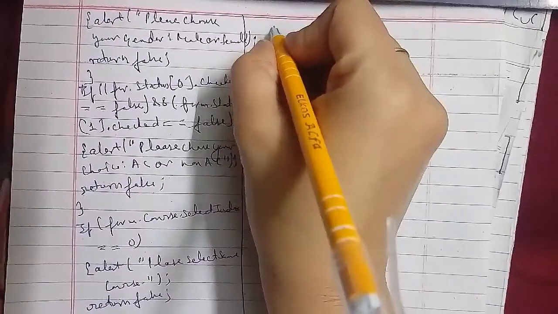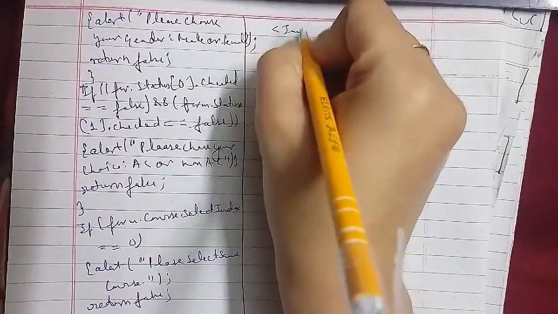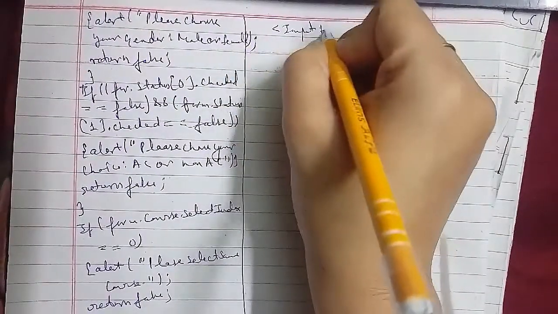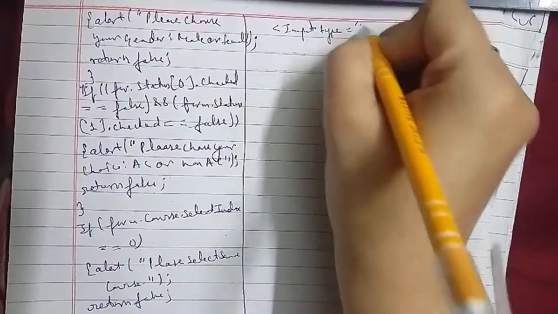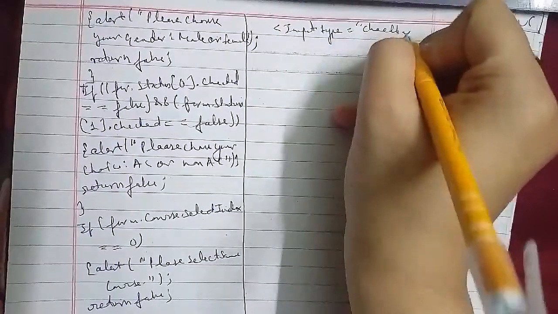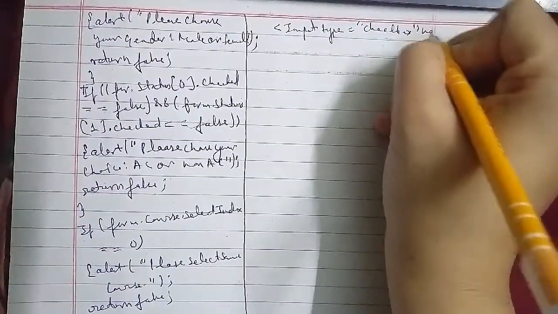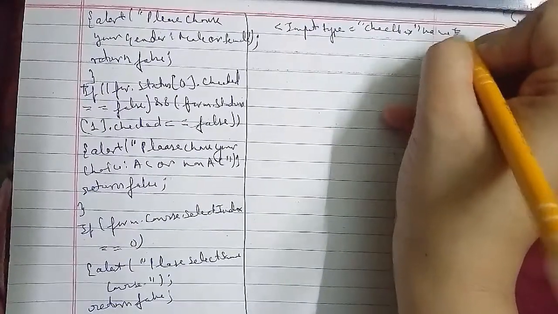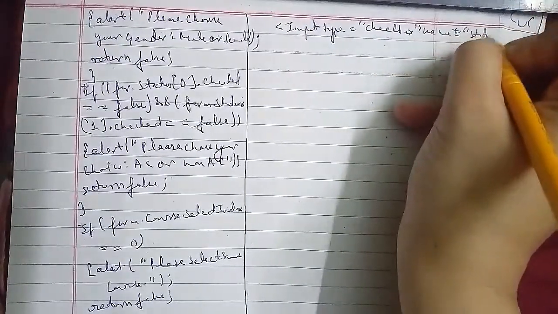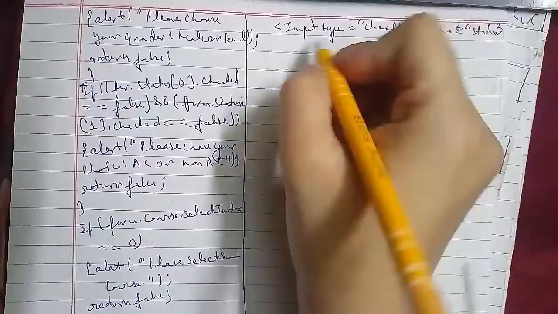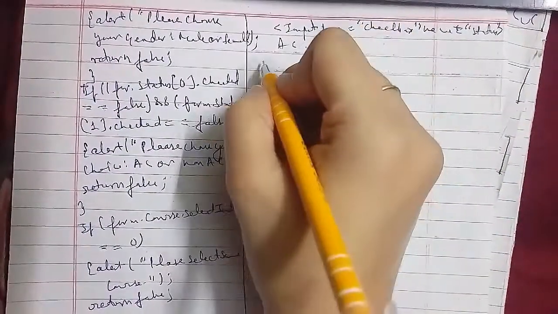Input type equals to reset, value equals to reset, then form tag close, body tag close, then of course the HTML tag close as well.